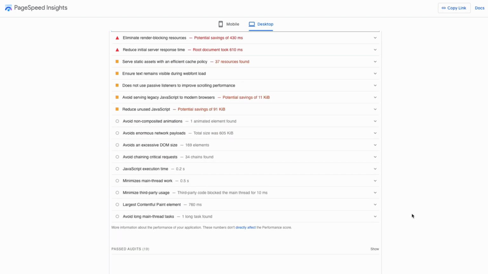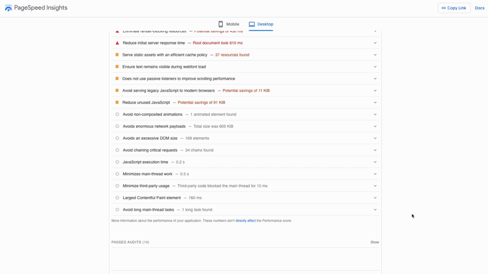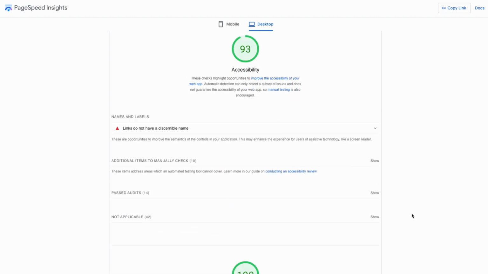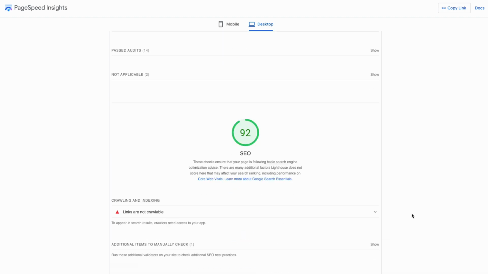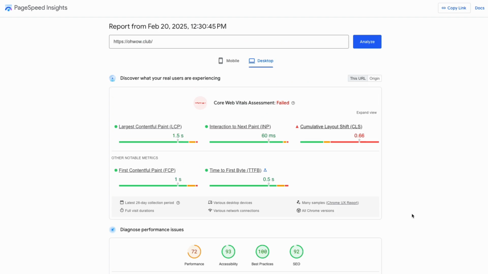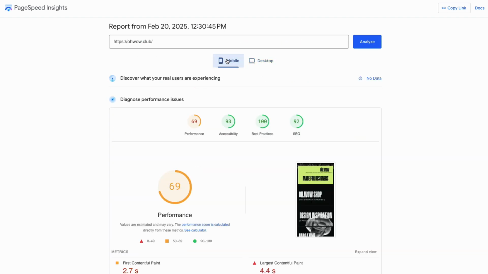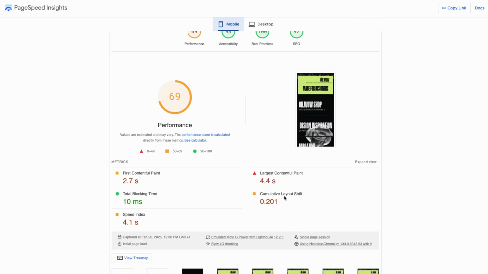So now Elementor ensures that the styles are loaded in the head, so they load first, so the layout shift doesn't happen again. Imagine you load the website and things start shifting on the hero section, and we know that hero sections are one of the most important things that people see first.